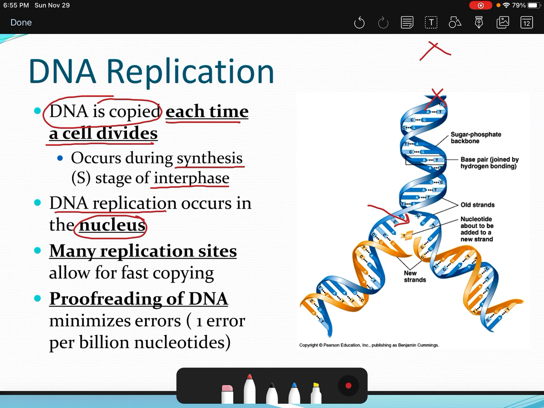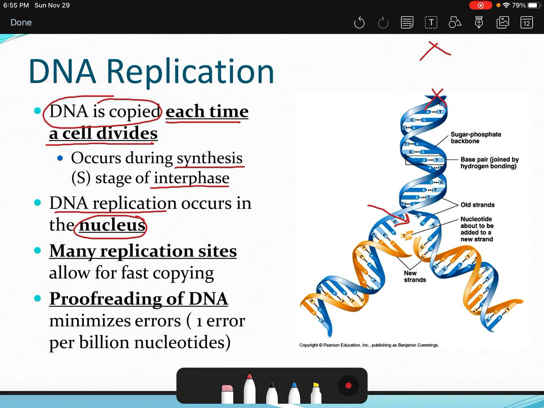We used to always compare DNA replication to a zipper, like the helicase would break the bonds. It'd almost be like pulling down the zipper on your jacket, it goes from one end to the other. Well, it's more like when your zipper is kind of broken and it opens up at different spots along the way, and you have these little gaps in your zipper.